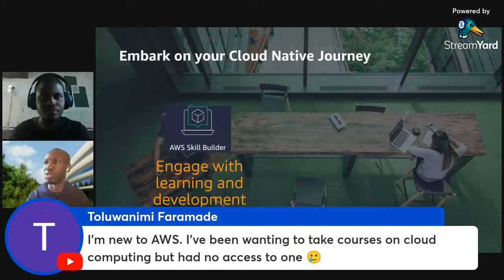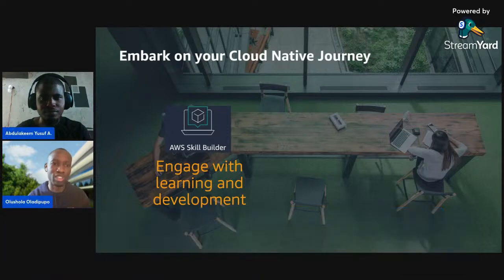For example, if you're wanting to take the Cloud Practitioner certification, you can see some of the courses on AWS Skill Builder, and have access to that free of charge. By the way, just a caveat: there are some paid courses on Skill Builder, but there are a lot of free ones as well that you can do. So I think that will probably be the best place to start.